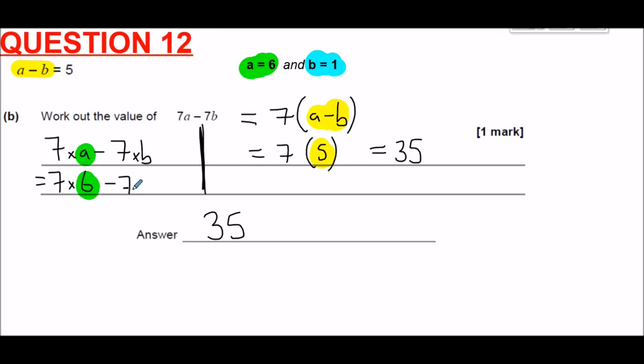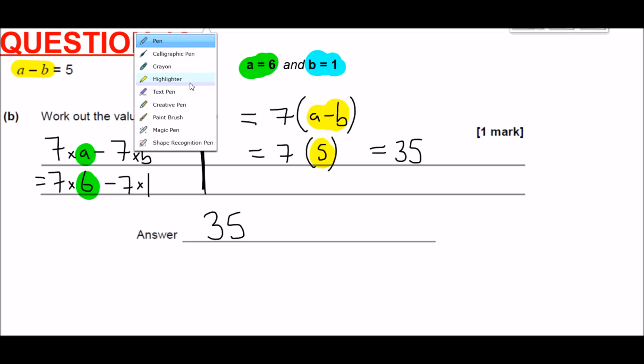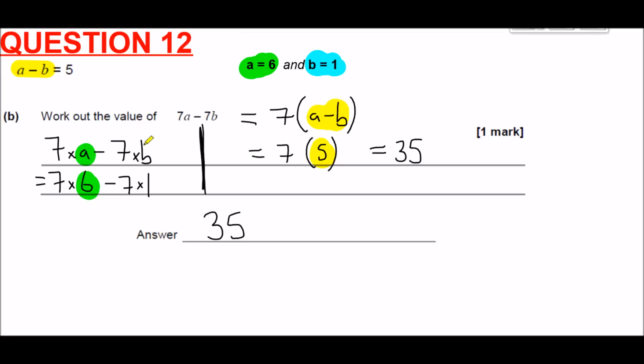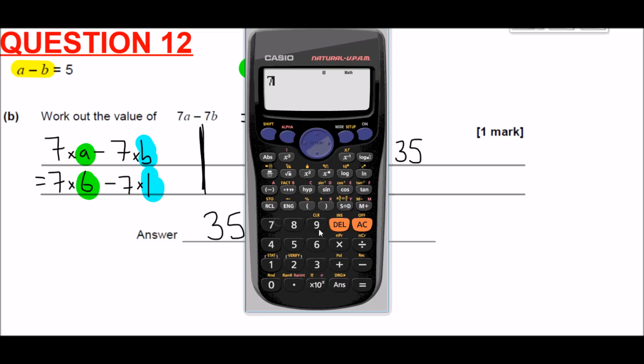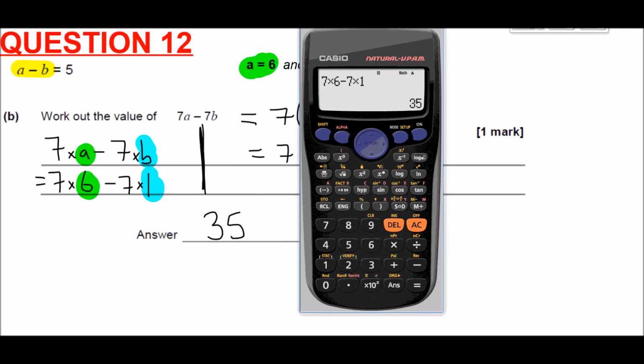And minus 7 lots of B is the same as saying 7 lots of 1, because we're saying B is 1. So if we try this on our calculator, 7 times 6 minus 7 times 1, again we'd get an answer of 35. So it does work.